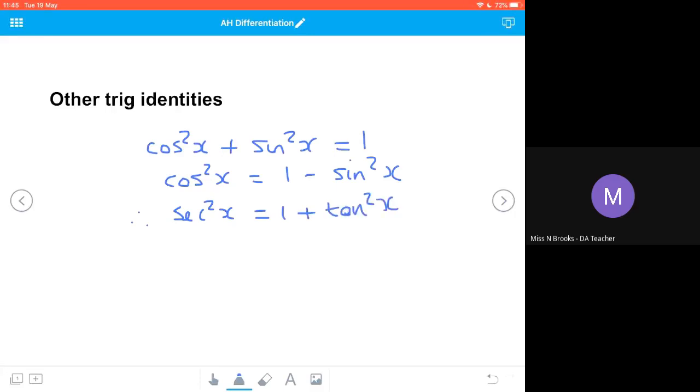And we can rearrange that to get tan squared x equals sec squared x minus 1, which is another useful one for remembering when we're doing rearranging.